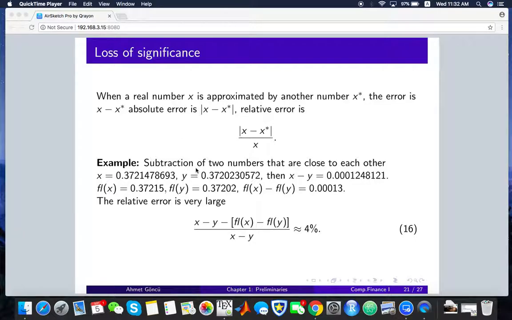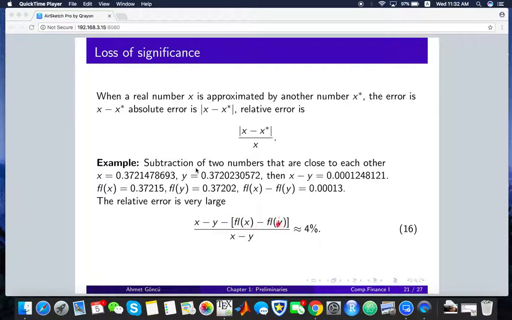And if we round these numbers, float of x and float of y, the difference of these two rounded numbers is approximately 0.0013. If we consider the relative error, the true value is x minus y using the exact numbers.